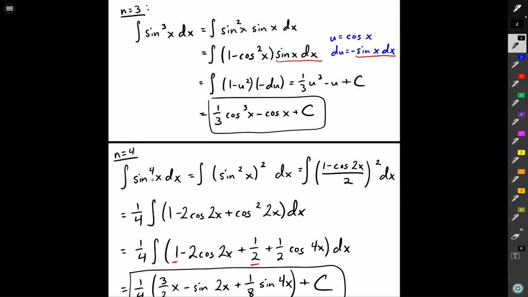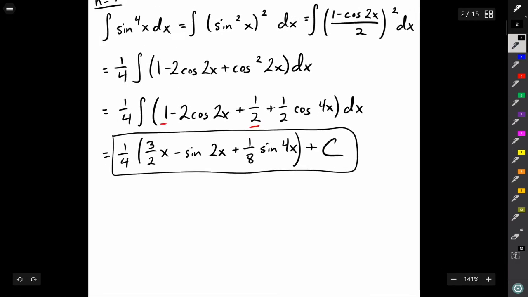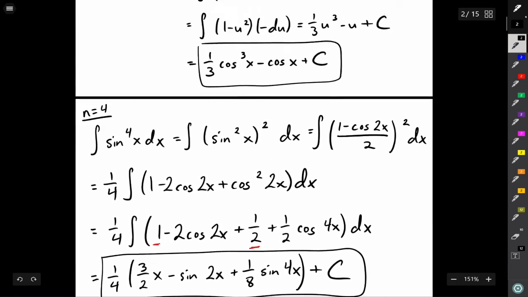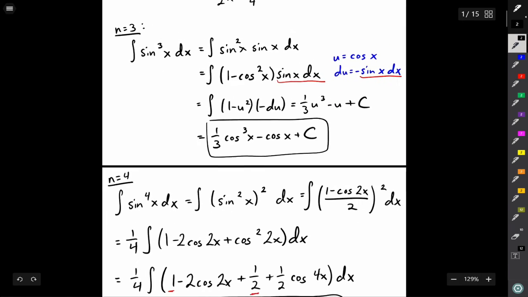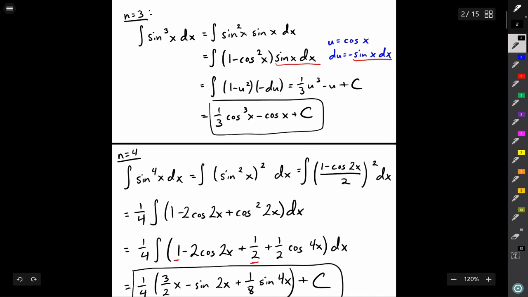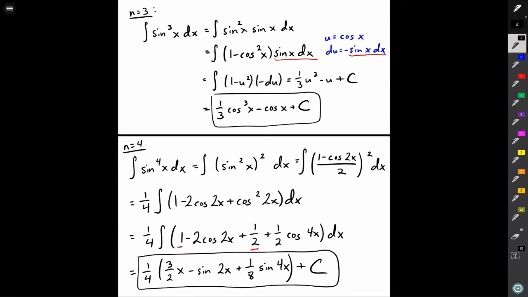You're going to rewrite cosine to the fourth as cosine squared squared. And so on. And the nice thing is, these two right here kind of form the prototype of how you take care of any higher power.